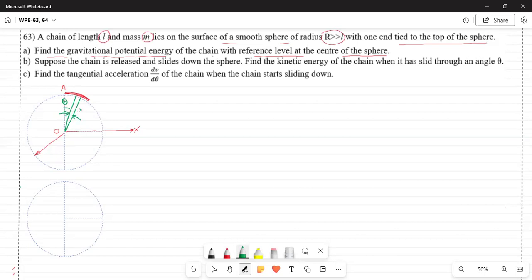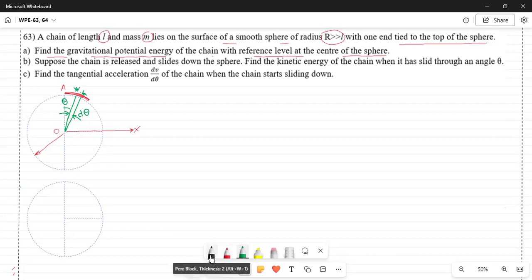In our drawing, d theta and theta have become almost the same, but in fact d theta should be infinitely small with respect to theta. And this is the length of the chain under consideration.